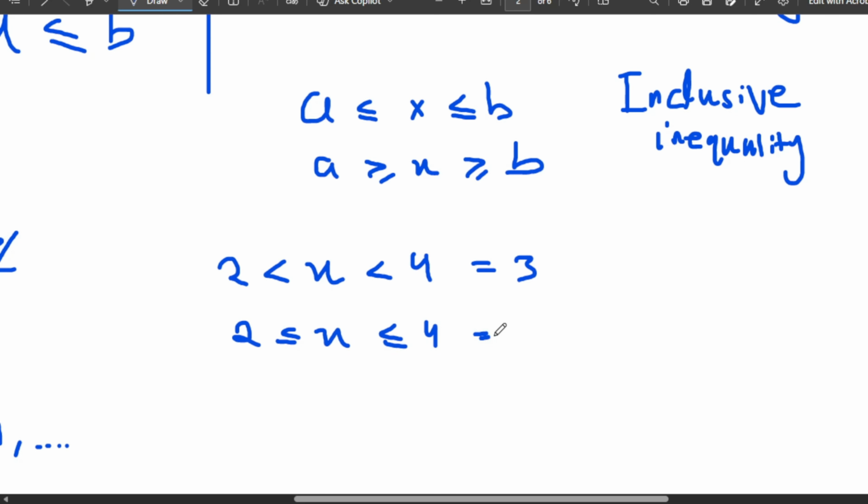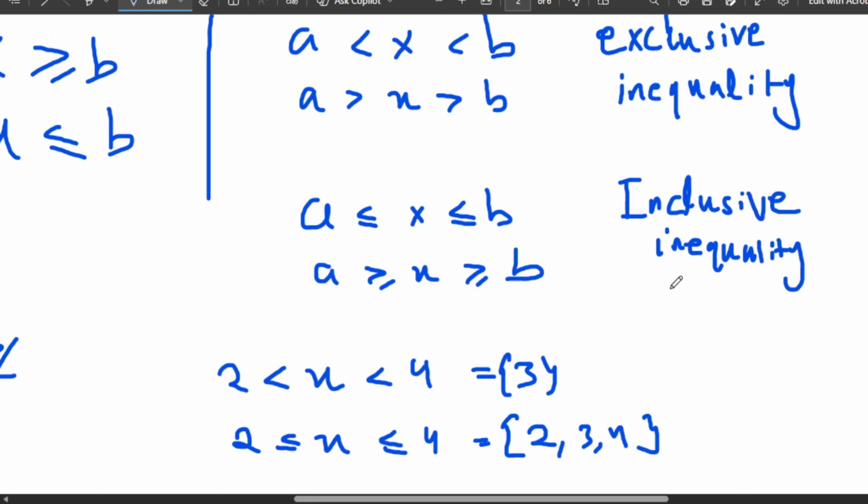That means we include 2, 3, and 4. We don't write it like this, but we put a curly bracket. This is called a set. Set theory will be in a separate video, so it will not be in pre-calculus. Make sure to watch that, but I haven't uploaded it. Maybe I will upload that series soon, but I don't know.